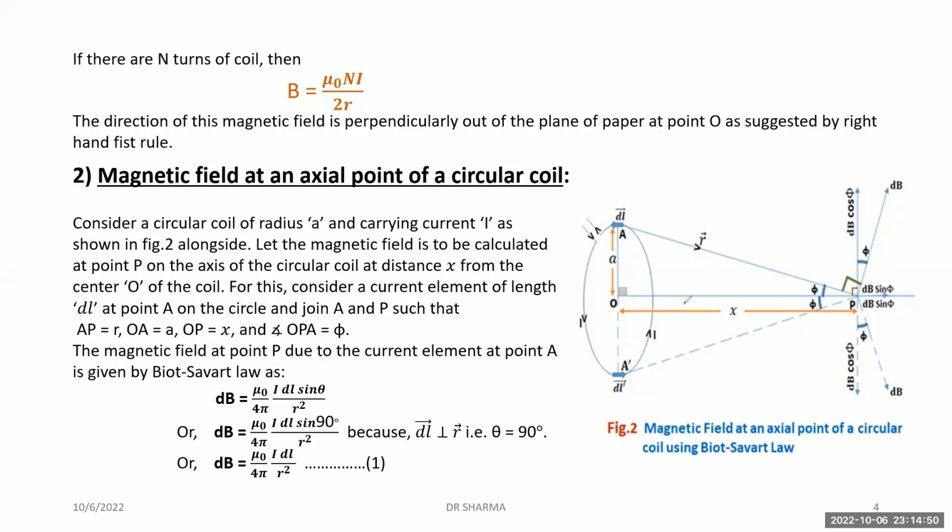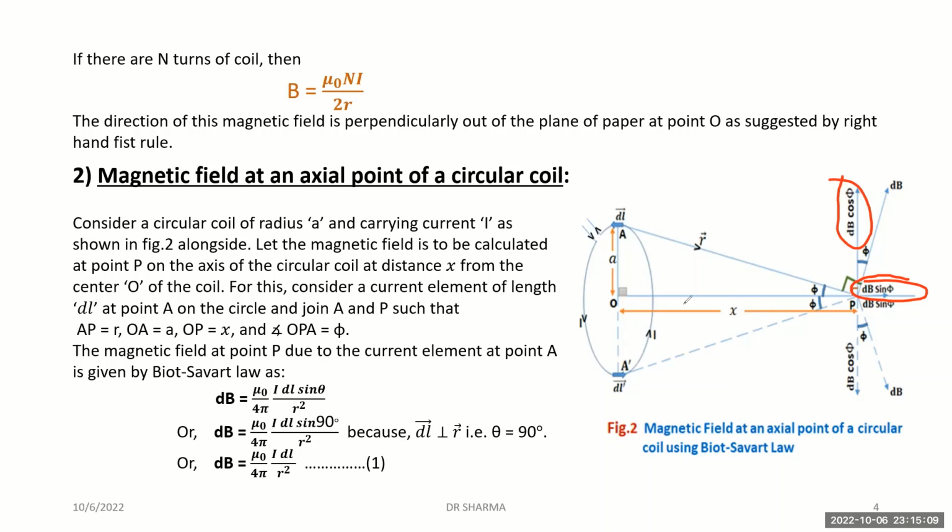One component dv sin phi along the axis of the coil and dv cos phi perpendicular to the axis of the coil.